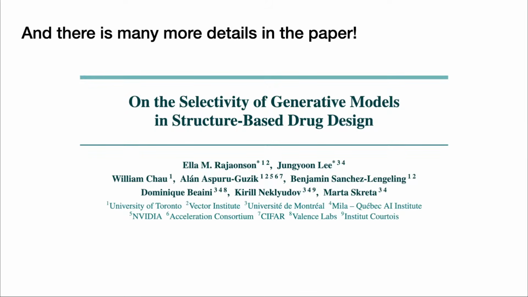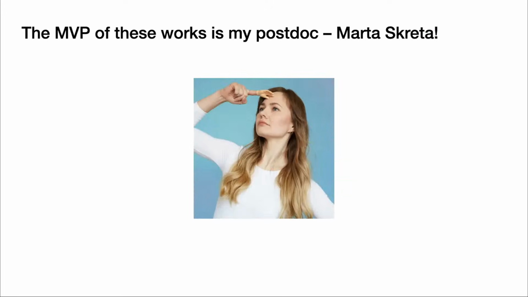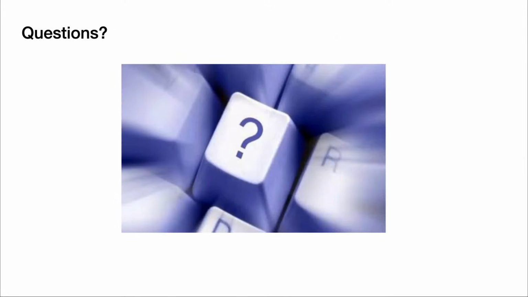And that's the final paper. I wanted to say that the most valuable player of this work was my postdoc, Marta Skrata. She was supposed to give this talk, but she couldn't come, and I'm a substitute for her. Yeah, and I'm happy to take more questions. Thank you.